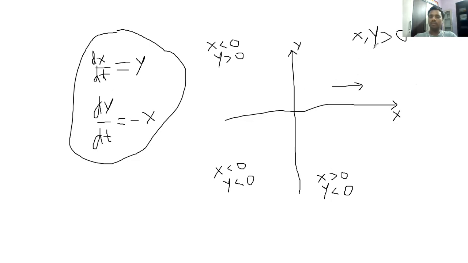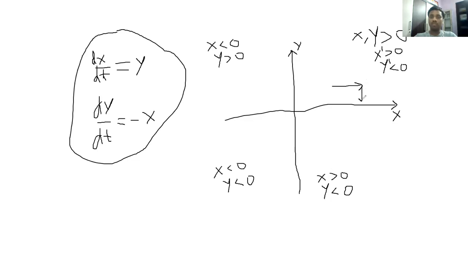So here x dash is positive, which is represented by this arrow, and y dash is negative. If y dash is negative, then the direction of dy over dt is negative, means in this direction, so you can draw the arrow in this direction.